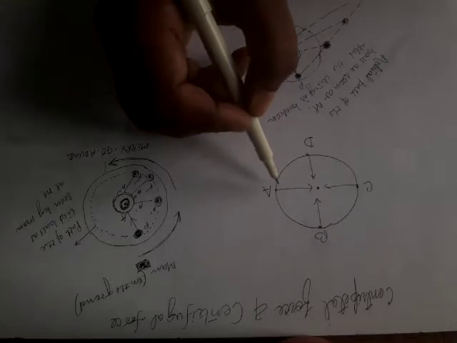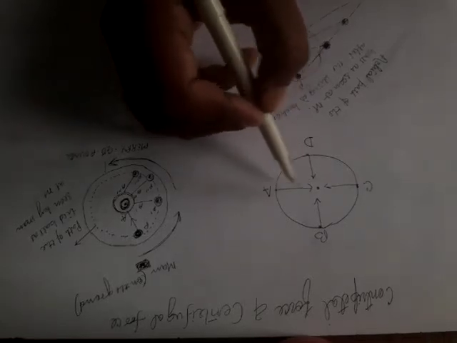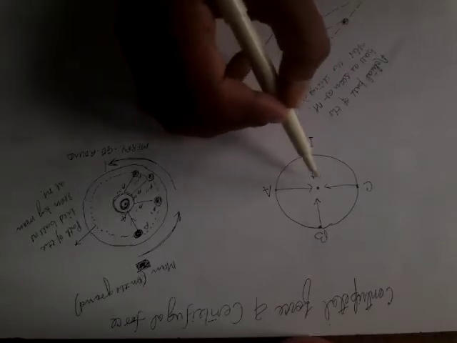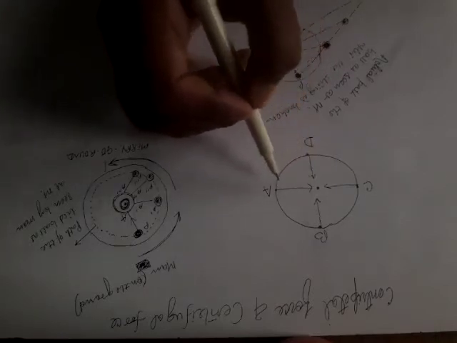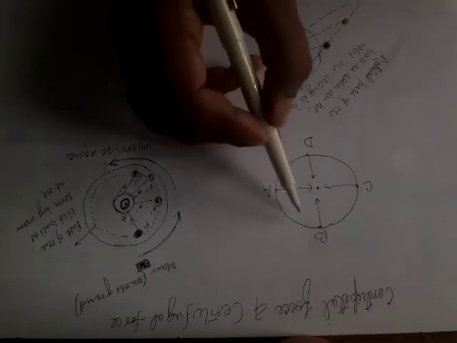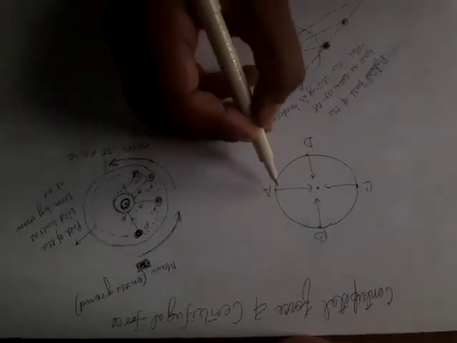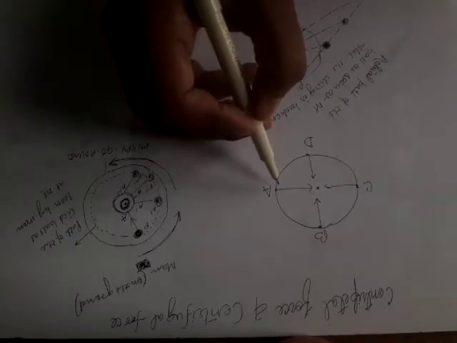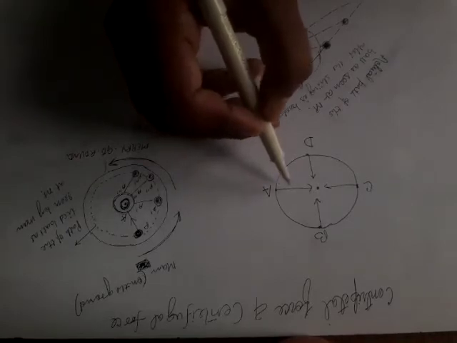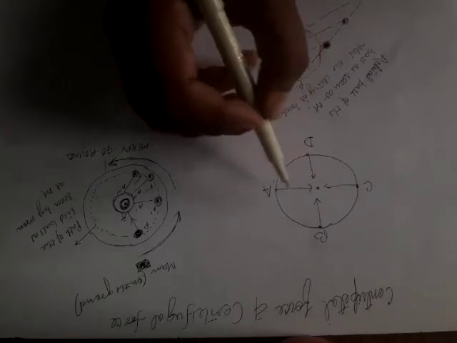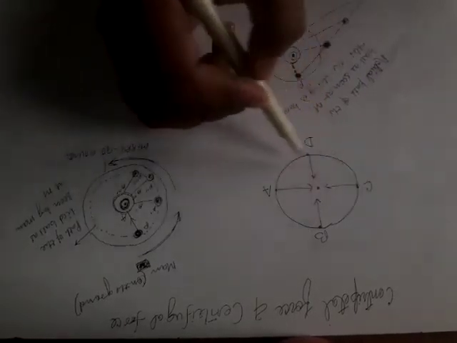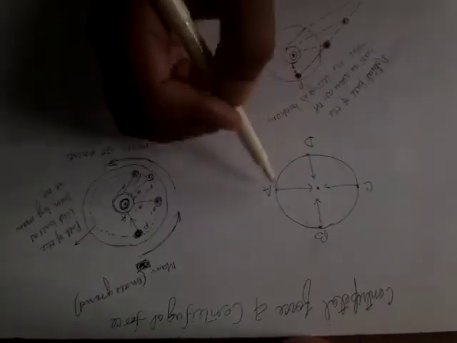It is a force which always acts towards the center of the circular path in which the body is revolving, the necessary force responsible for any body to rotate in a circular orbit.